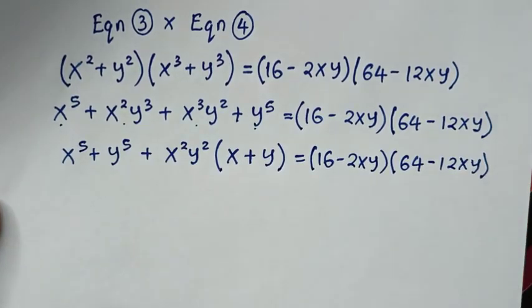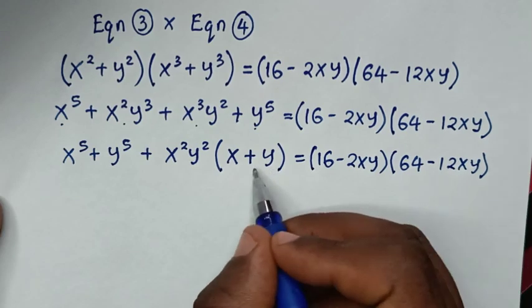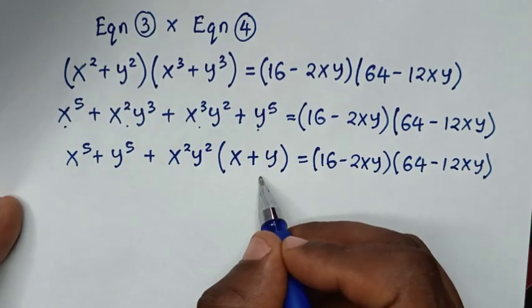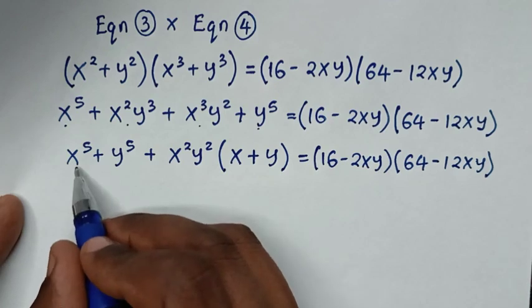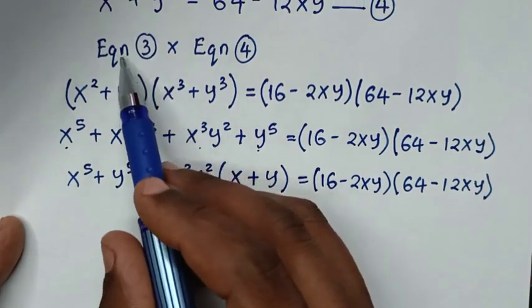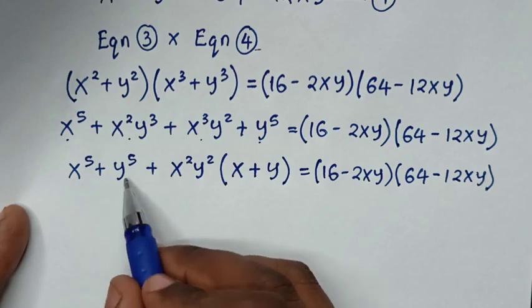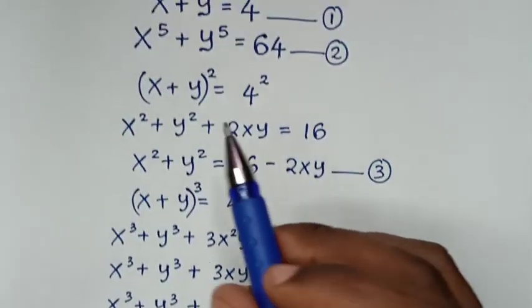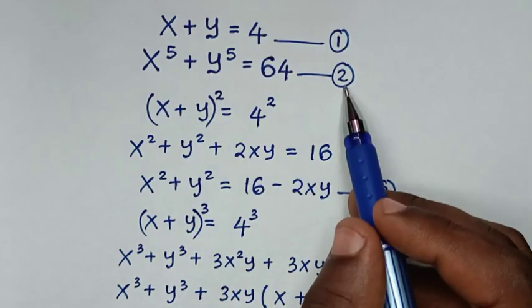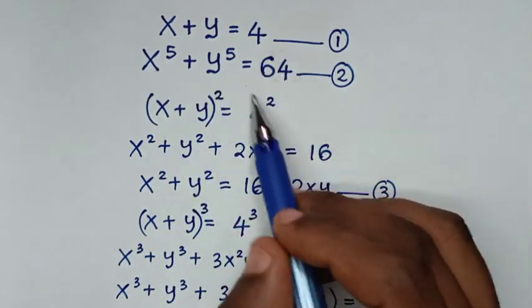Then in the next step, here we'll substitute x plus y from equation 1, which is 4. Here we multiplied equation 3 times equation 4, so as we can get this x power 5 plus y power 5. X power 5 plus y power 5 is from equation 2, which is 64.